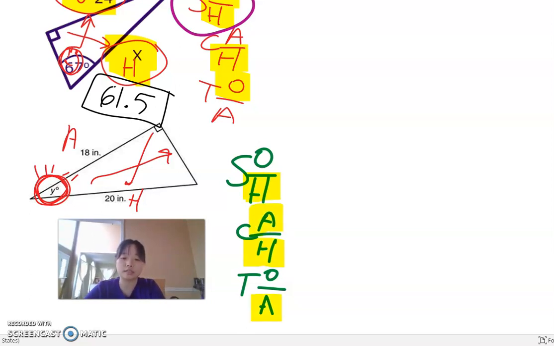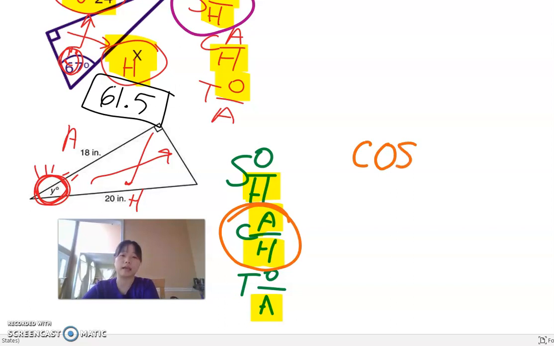Out of sine, cosine, tangent, which one has adjacent and hypotenuse? Cosine. So we set it up as cosine of y degrees, which we don't know, is adjacent, 18, over hypotenuse, 20.